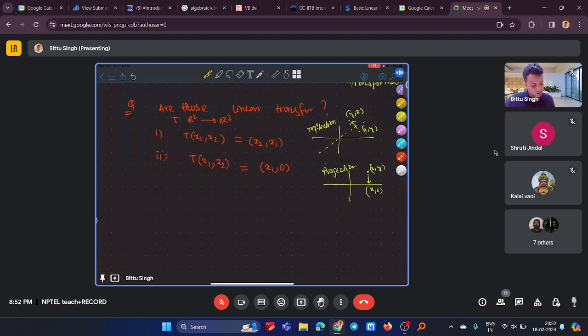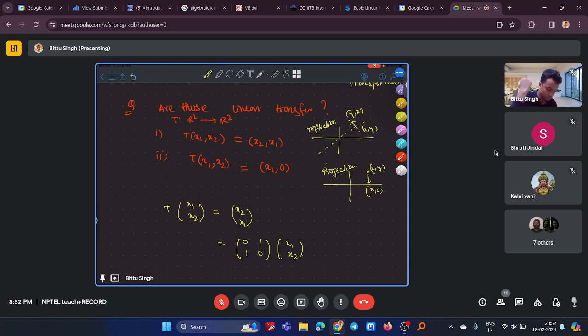So as you can see, this can be written in column form. T of x1 comma x2 is the same as x2 comma x1, and x2 comma x1 can be written as the matrix 0 1 1 0 times x1 x2.